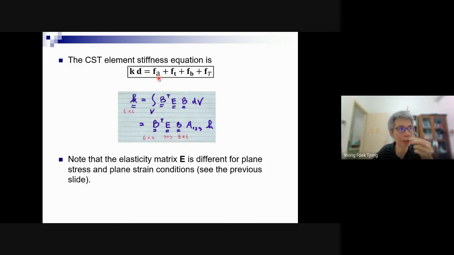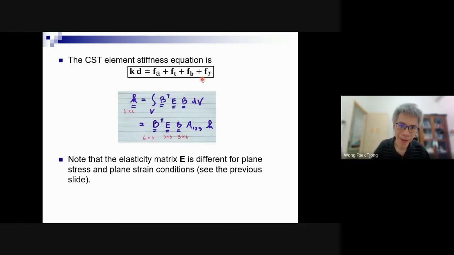FA again is the directly applied force at the nodes to make the element balance. This is still unknown, but later we will perform the direct method, assembly, so this disappears. This is the equivalent force due to traction, this is body force, and this is due to the temperature effect. Any questions? So from the weak form, we have this discretized element matrix equation.